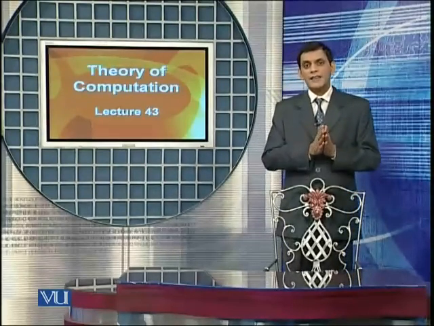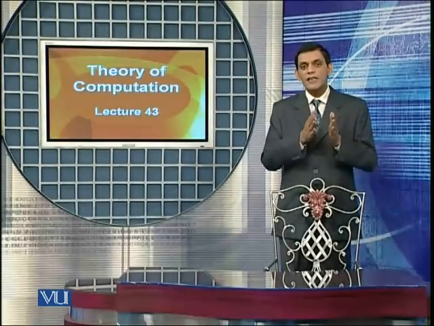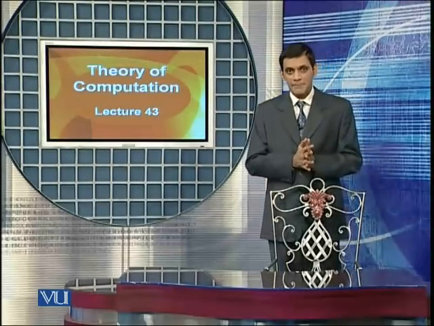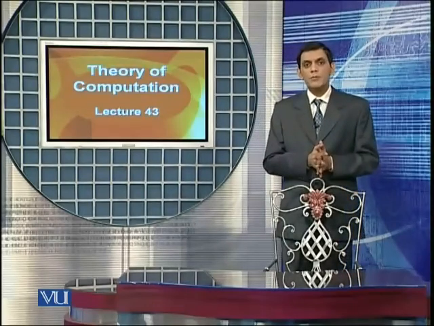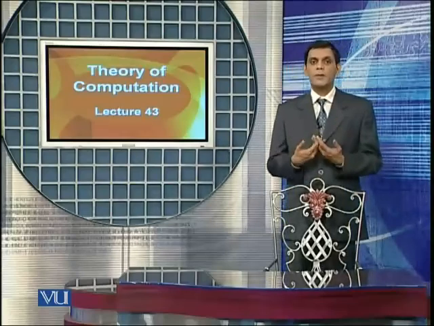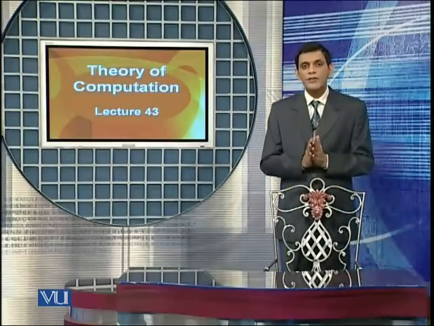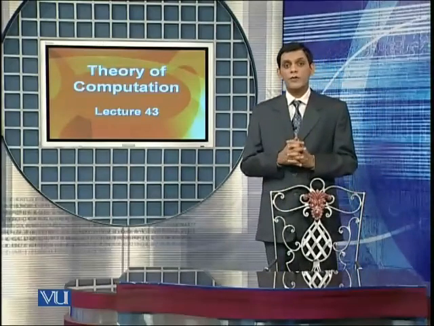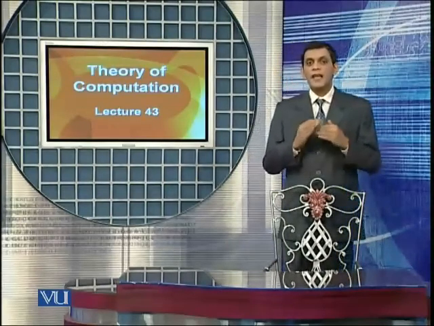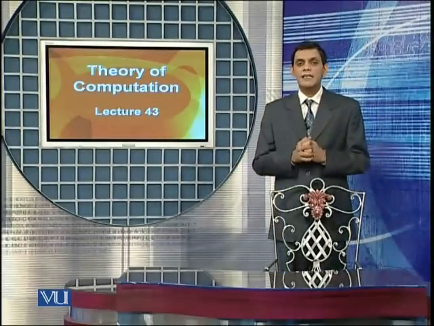And the way we go about doing that is very simple. For the complexity class that we want to study, we define a complete problem in there. Once we have defined a complete problem, then our task becomes simpler. We will show that a problem called PATH is NL complete with respect to log space reducibility. And it's important that the problem be complete with respect to log space reducibility.